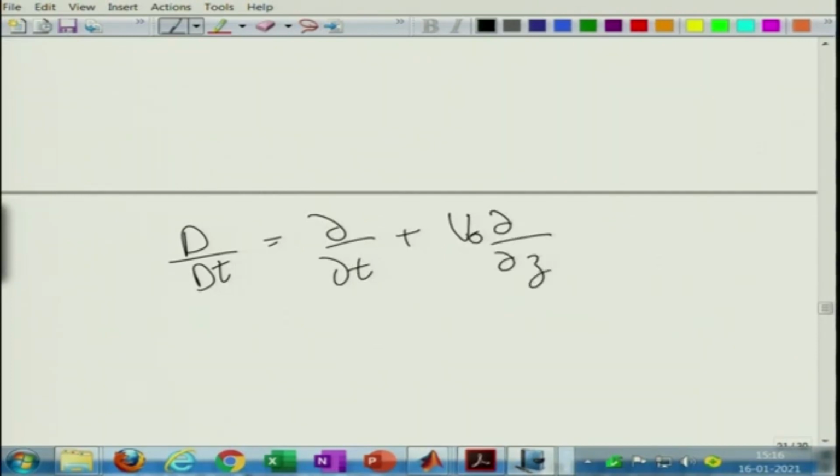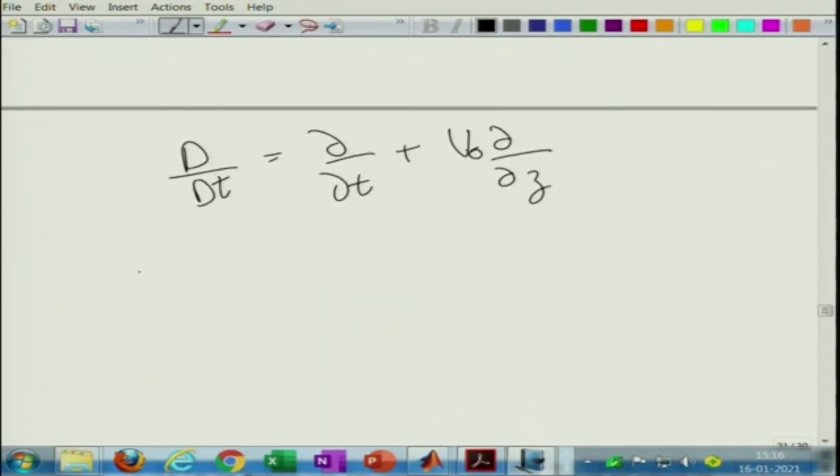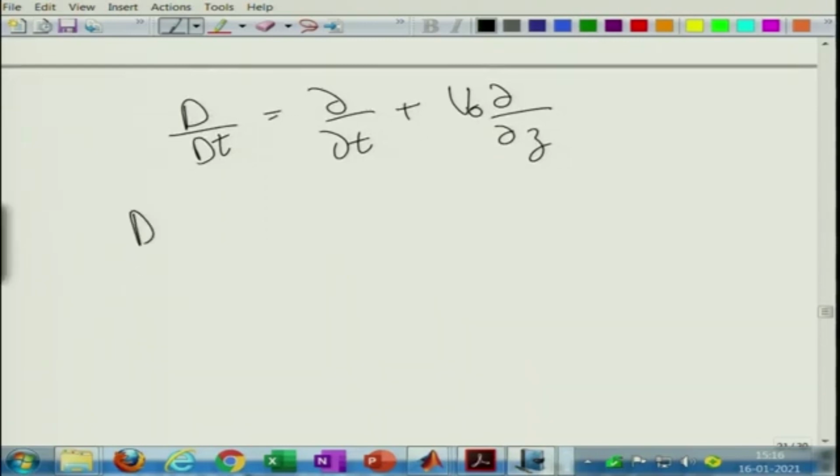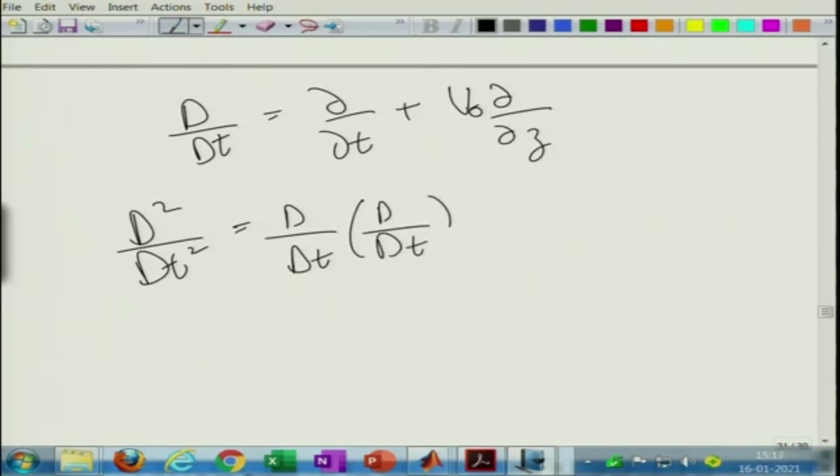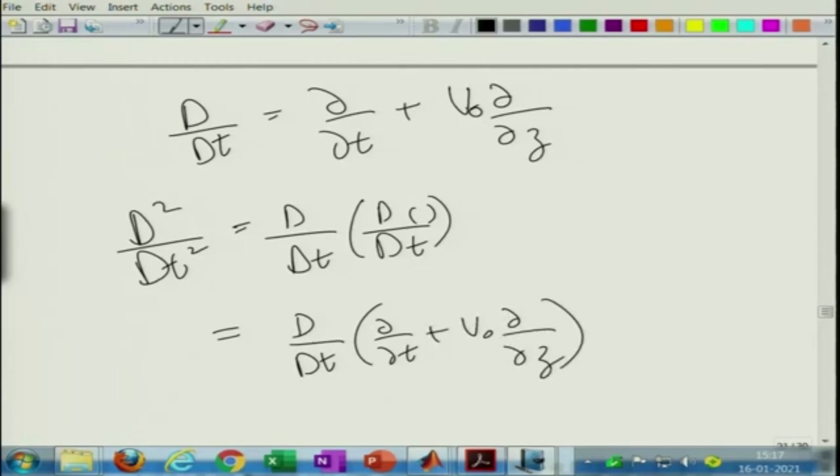z direction. Now, if you expand this out, it is a bit tedious, and we can get to it. So D Dt whole square would mean this operating on something. What it means is, okay, and this then further operates on each of the quantities.